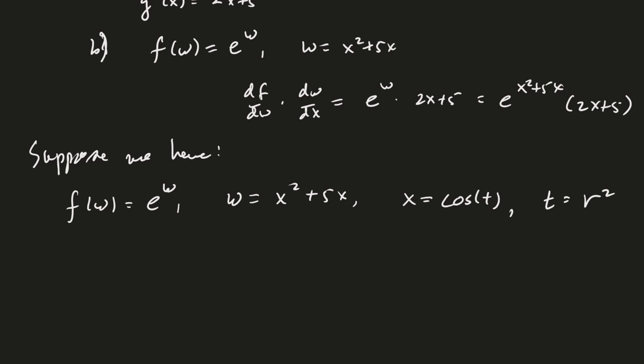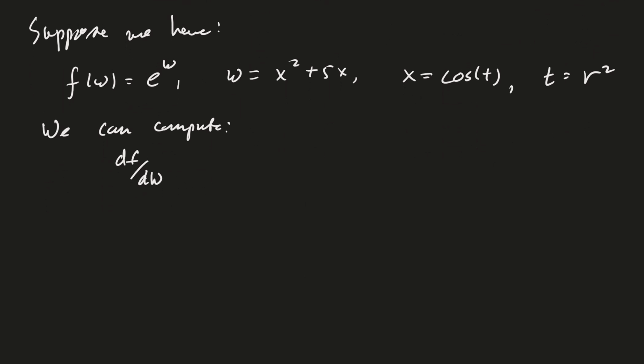Okay, and so at this point then you could see we can compute df over dw. So that's the rate of change of f with respect to w. We could compute the derivative of f with respect to x, because w is a function of x.